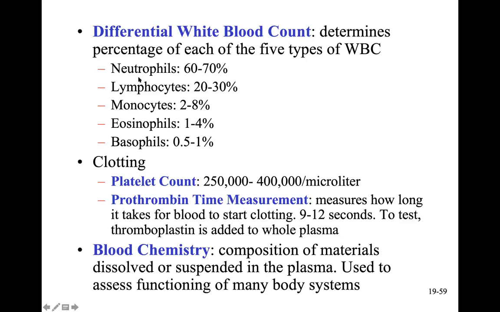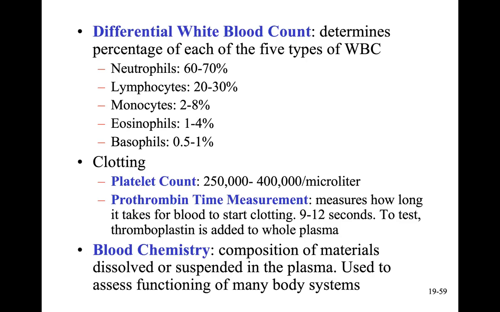We definitely do not give antibiotics if your lymphocyte counts are elevated and your neutrophil counts are low. Why? If the lymphocytes are increased and the neutrophils are low, it is a sign of some kind of viral or fungal infection as well. Antibiotics do no good at that point.